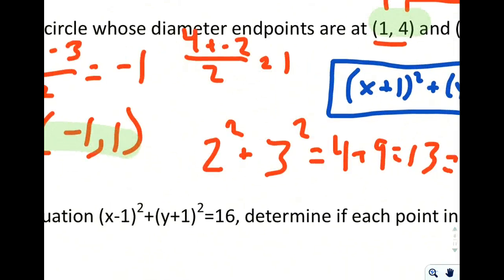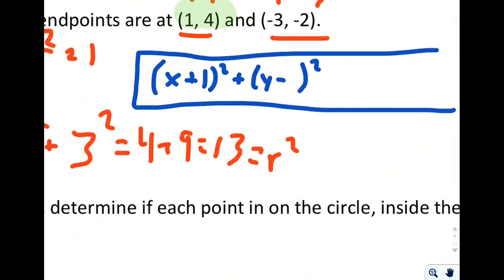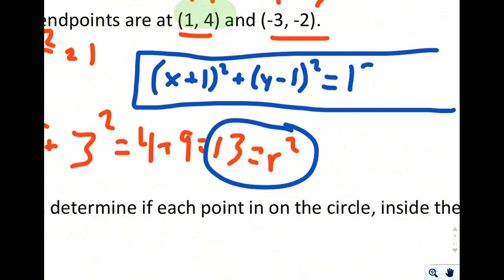And we said our y coordinate here is +1, so it would be y minus 1 squared. And that's going to equal our radius squared. And we said here our radius squared is equal to 13. So x plus 1 quantity squared plus y minus 1 quantity squared equals 13.